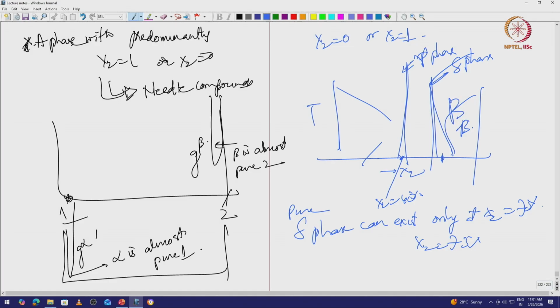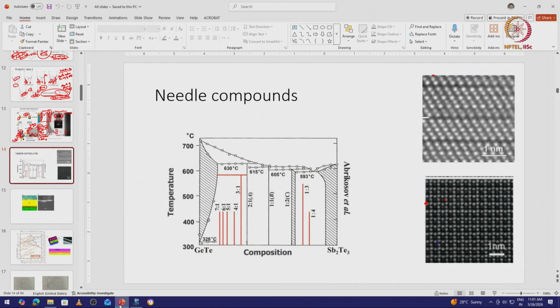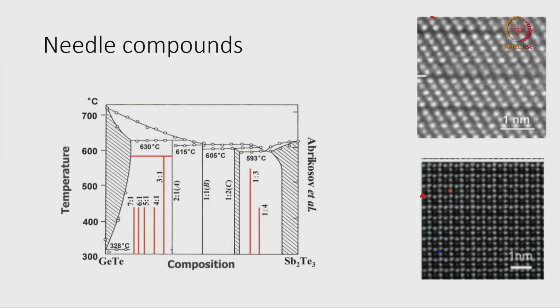So, at x2 equal to 73%, I have a combination of delta phase plus beta phase. I can show you some phase diagrams that have such kind of what are called needle compounds or line compounds, because they exist across a line. So, that is why we call needle compounds also as line compounds.